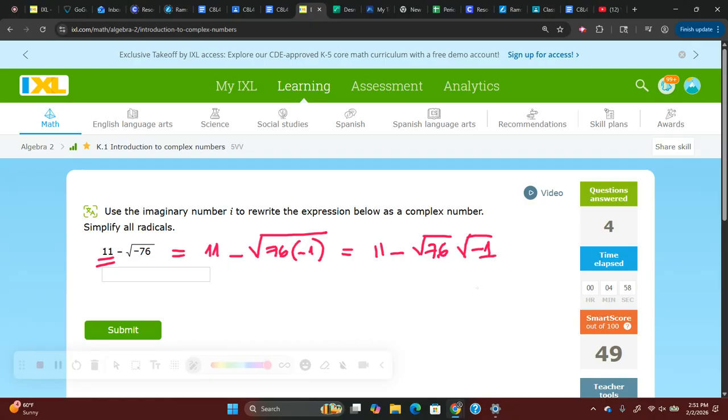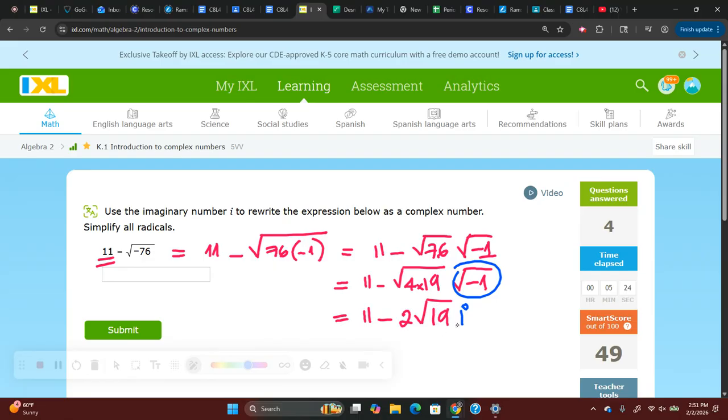76, let me take a look. 76, that's 4 times 19. So this is 4 times 19, and then the square root of -1. The square root of 4 is 2, so I put 2 outside and then the square root of 19, and then the square root of -1, which is the i.